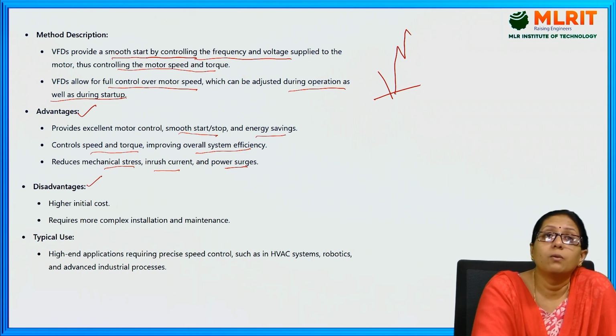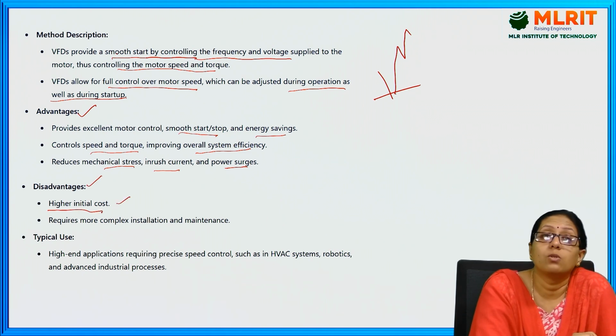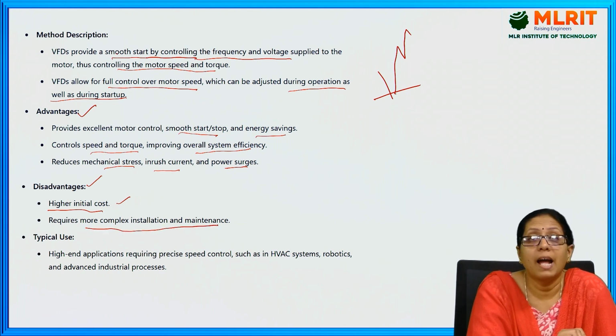What are the disadvantages? The higher initial cost. The initial cost is very high and it requires more complex installation as well as maintenance. Where do we use this type?